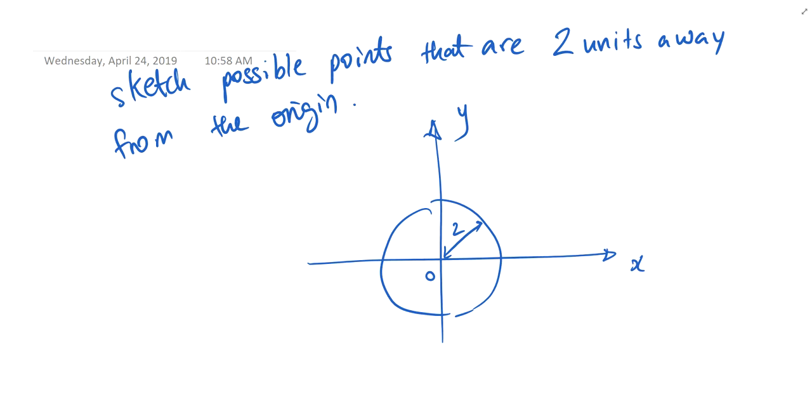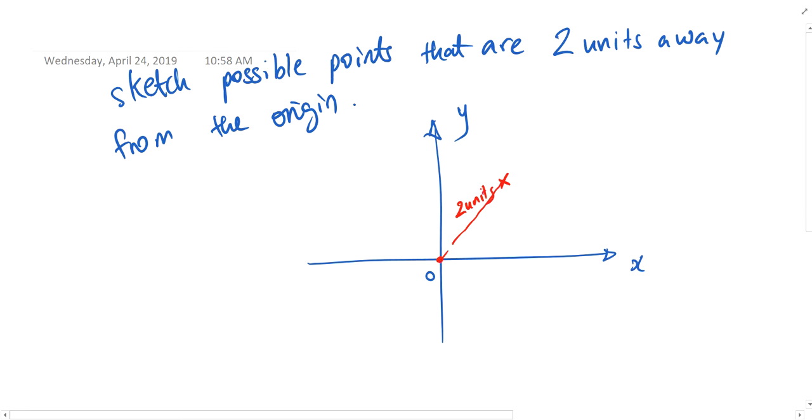Okay, hang on first. Now, for somebody who doesn't realize it is a circle, what would the thought process be like? So let's remove all this first. I want a general point that is 2 units away from the origin. Let's say the point is over here, and this is supposed to be 2 units. This is the center.